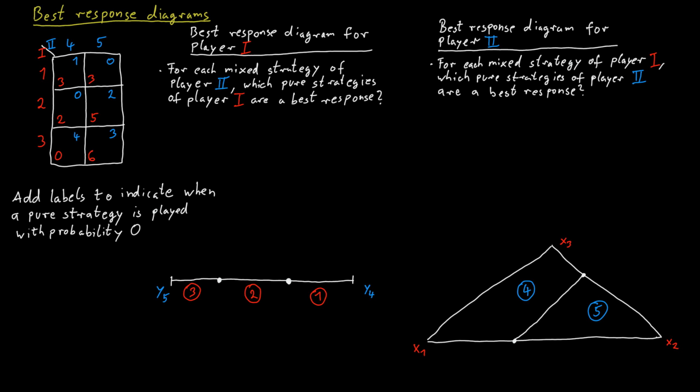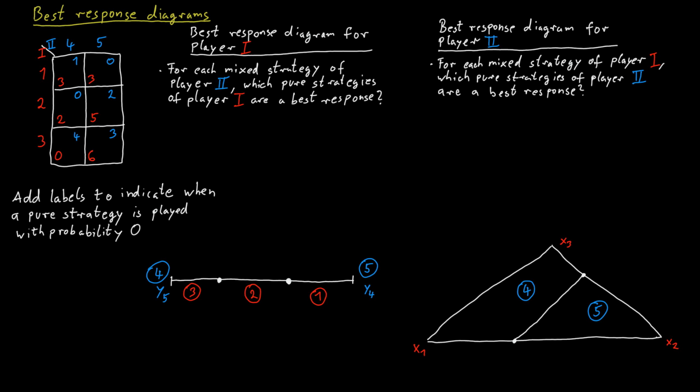We remember that on the right-hand side of that line, we play strategy 4 with probability 1 and strategy 5 with probability 0. And so on the right-hand side of this line, I add the label 5, because there strategy 5 is played with a probability of 0. And on the left end of the line, it's strategy 4 that is played with a probability of 0, so I add the label 4.